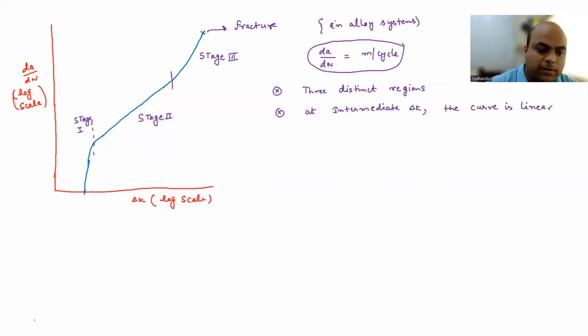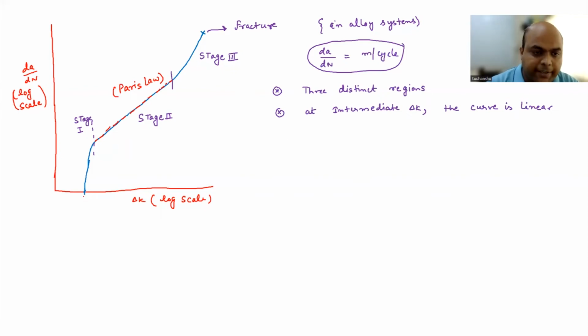Okay, so we are talking about now this particular line. So this is linear. This is at intermediate delta K, and here you are going to have Paris law equation to be valid. Okay, in stage 2.